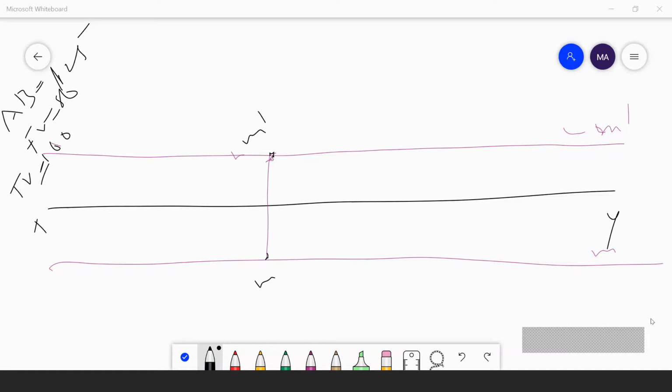So, first what will you do? You will mark the distance of the front view. It is a midpoint problem, so you will consider only half the distance. Here we will consider 80 mm, meaning I am considering 40 here.